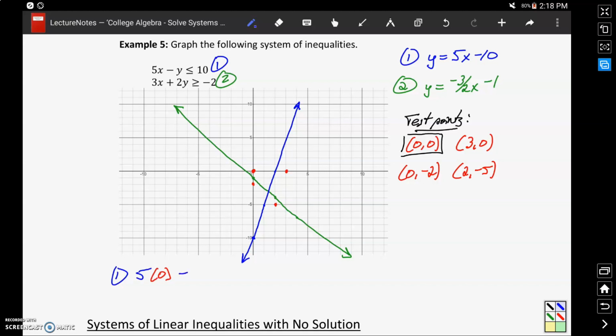Plugging 0 in for both variables in inequality 1 would give us 0 is less than or equal to 10, which is true.